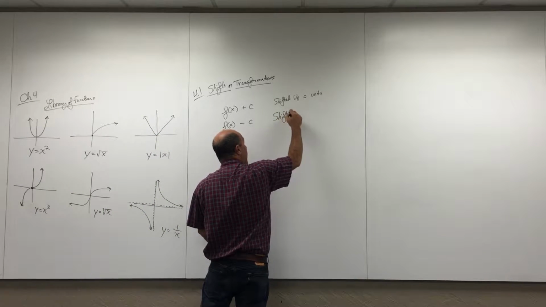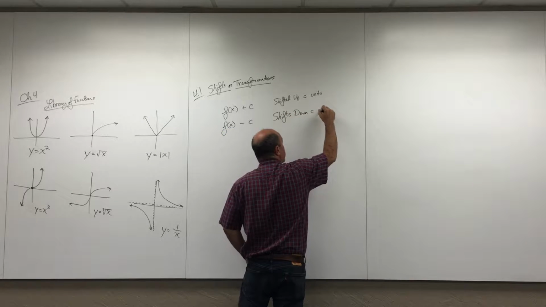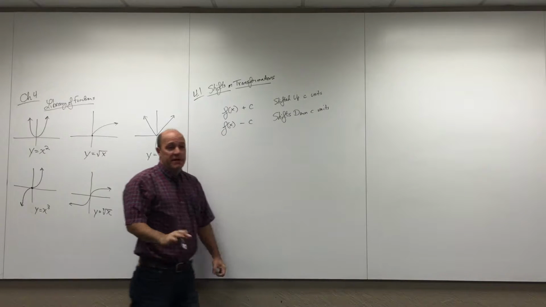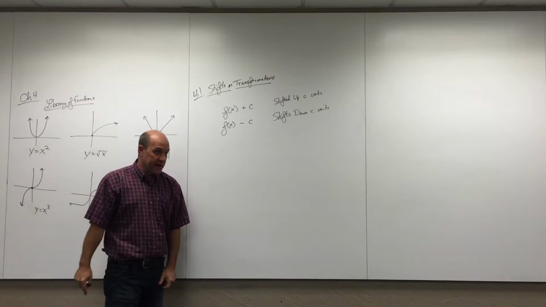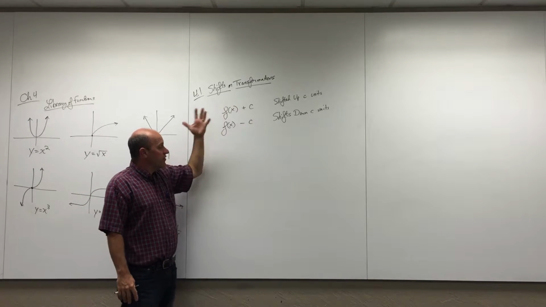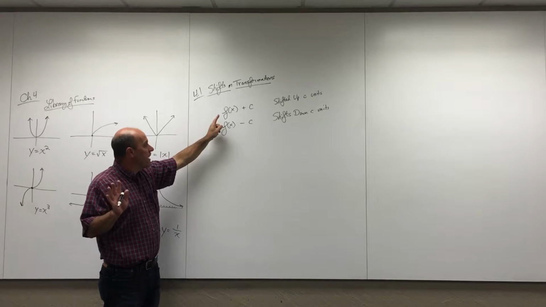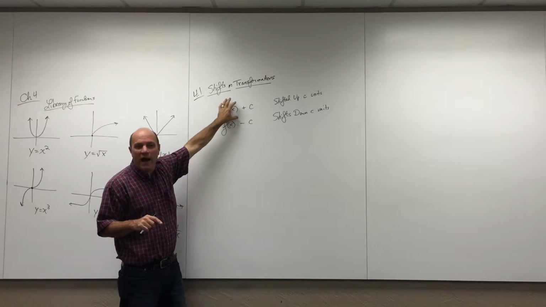And by the way, this is real obvious. I mean, it makes sense. It's not some mystery, believe me, have faith in this. It's very logical. Listen, what's the logic here? The function is like all the y values.